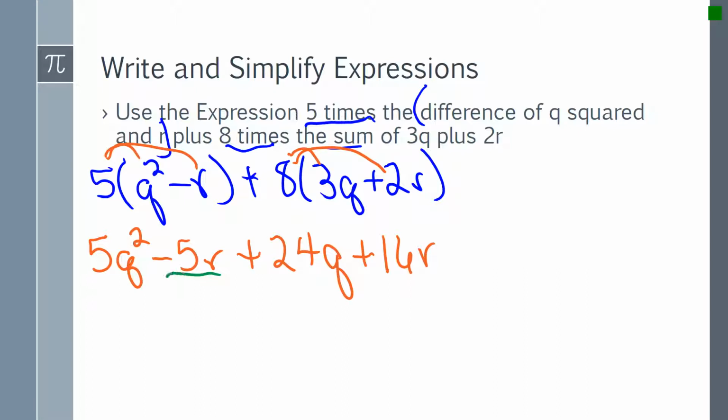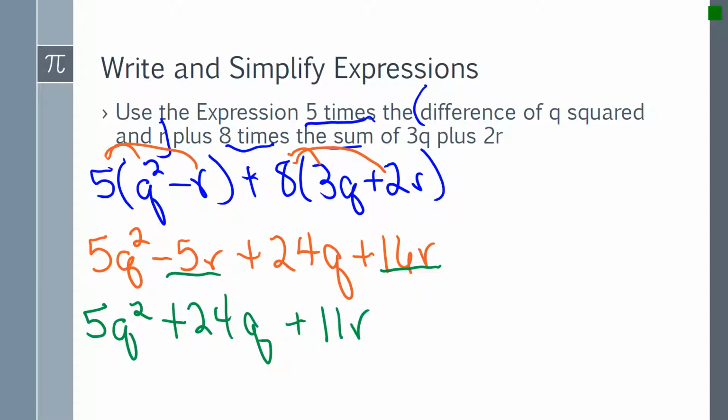But this negative 5r and this 16r, those are like terms. So let's go ahead and simplify this. We got 5q squared plus 24q plus 11r.